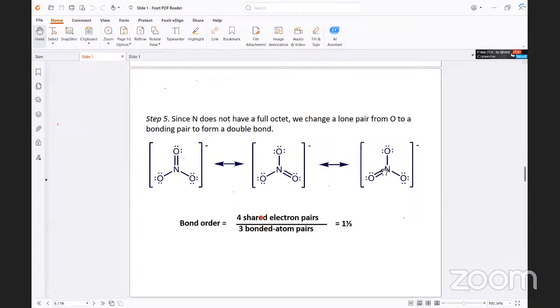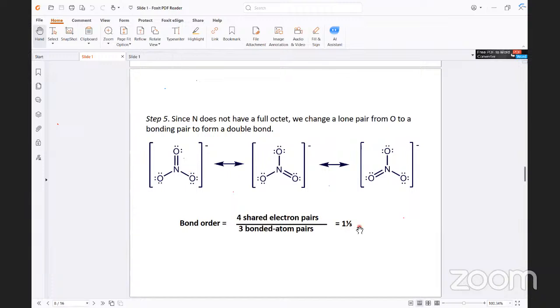You also have 3 bonded atom pairs, nitrogen to oxygen, nitrogen to oxygen, nitrogen to oxygen. So 3 bonded atom pairs and 4 bonding electron pairs.